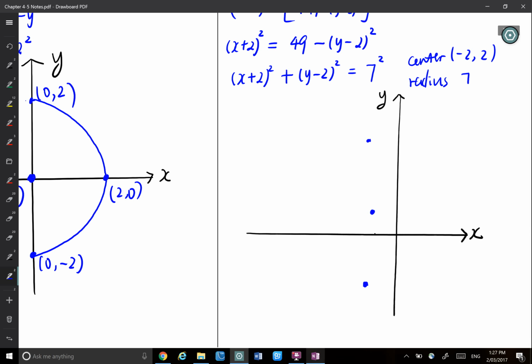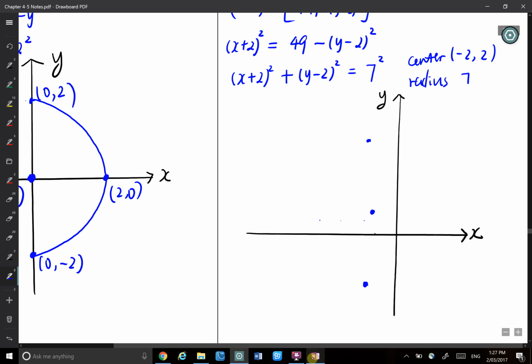Go to the left by 7 units. Okay, that's the point. See, that's the graph. So I have the center at -2 and 2. Go up by 7 is -2, 9. Go down by 7 is -2, -5. Go left by 7 is -9 and 2.